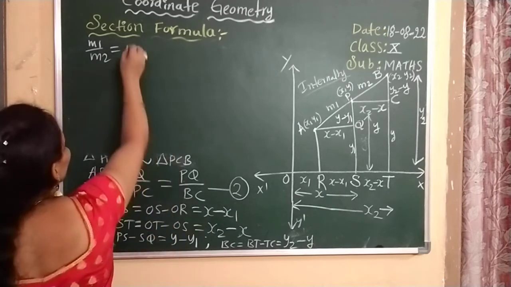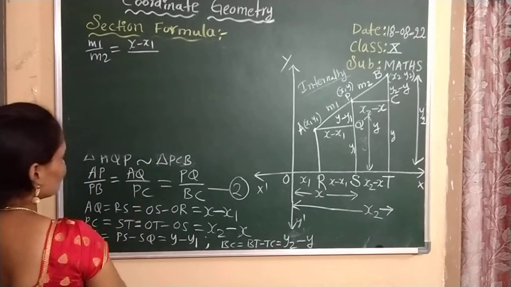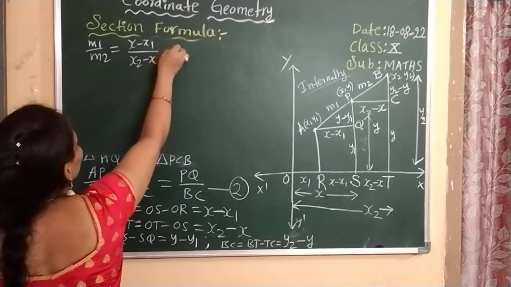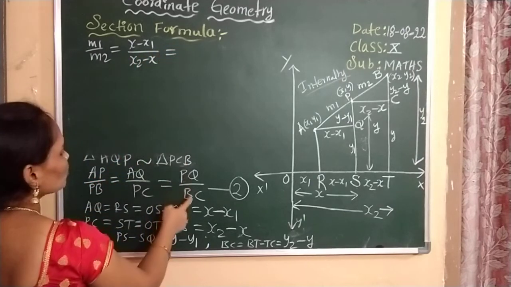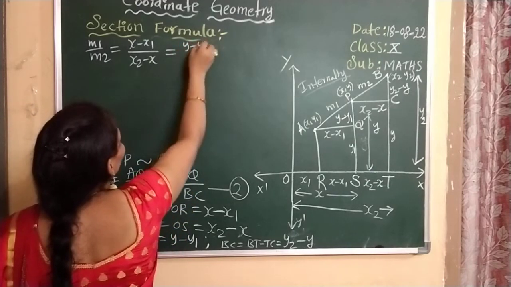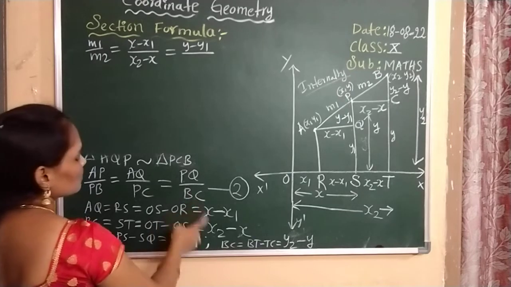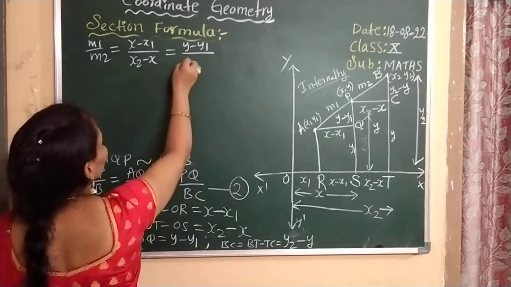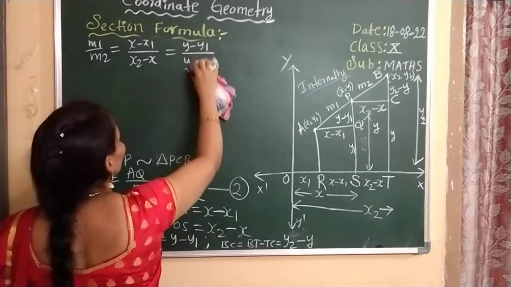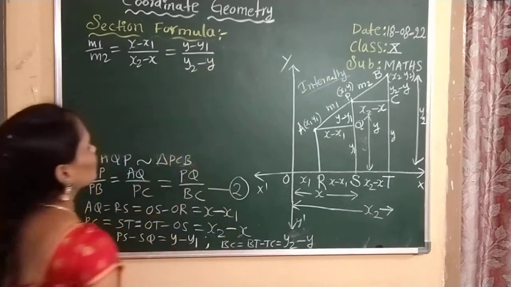AQ means x minus x1, divided by PC, which is x2 minus x, which is equal to PQ by BC. What is PQ? y minus y1, divided by BC. BC we know is y2 minus y. Here write down y2 minus y.